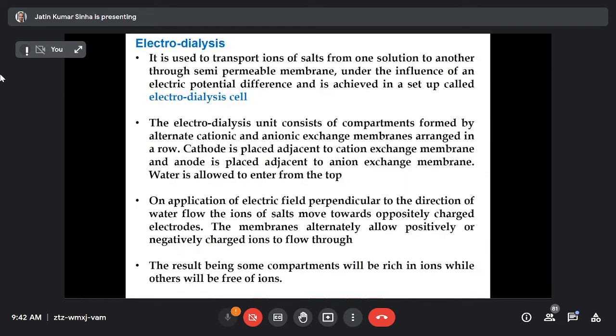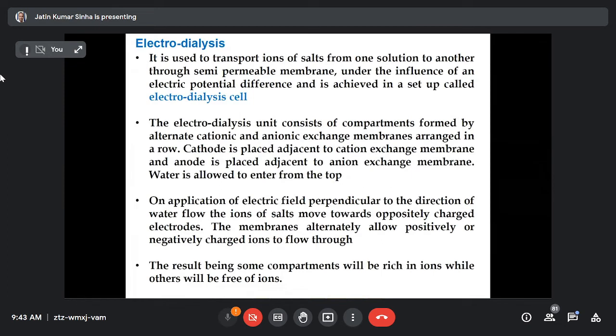So the water is coming from the top. Then you have two electrodes at the sides. Then in between you have either two exchange membranes, or you can also have a series of electrodes and different semi-permeable membranes with cation and anion exchange property. On application of an electric field, what happens perpendicular to the direction of water flow?